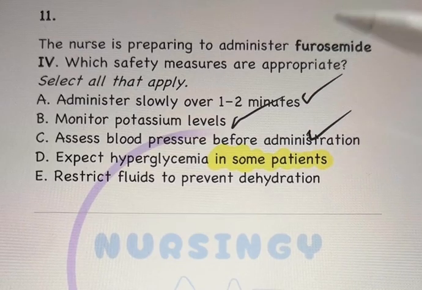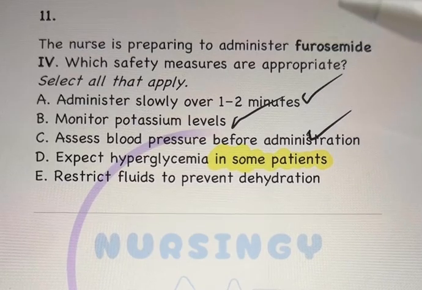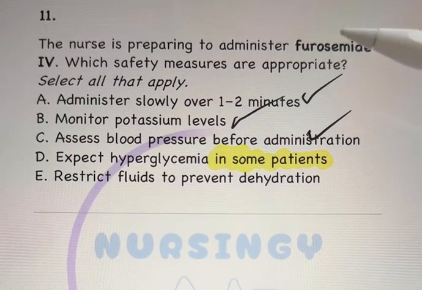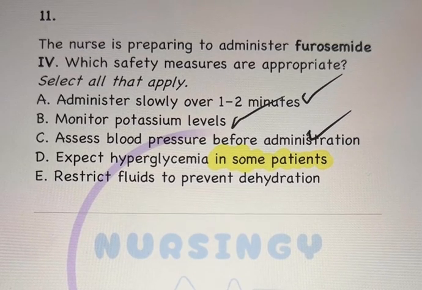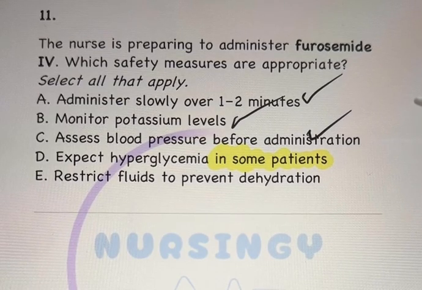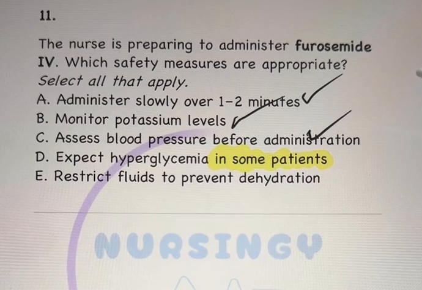Okay, when we have less insulin in the body, what will happen? Guys, come on, comment fast. Hyperglycemia, yes.